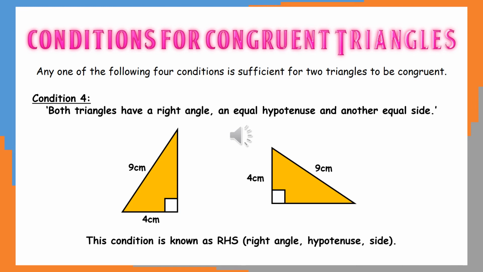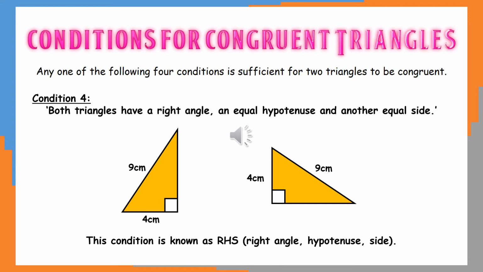Condition 4. Condition 4 states that if both triangles have a right angle, equal hypotenuse and another equal side, then the two triangles are congruent.